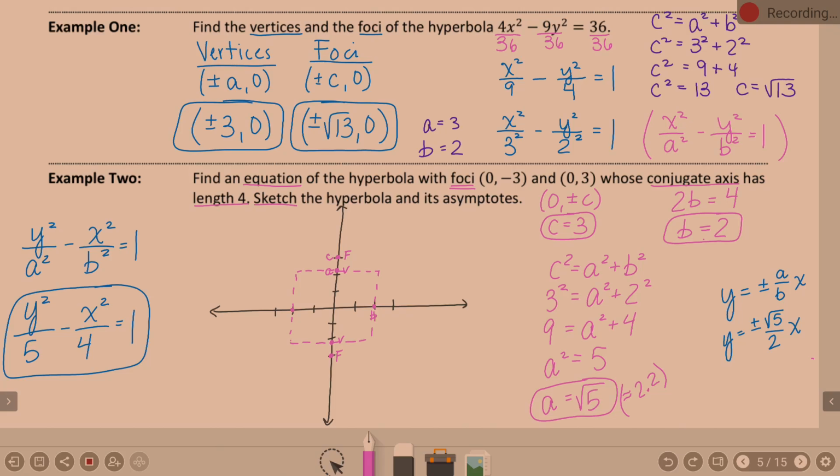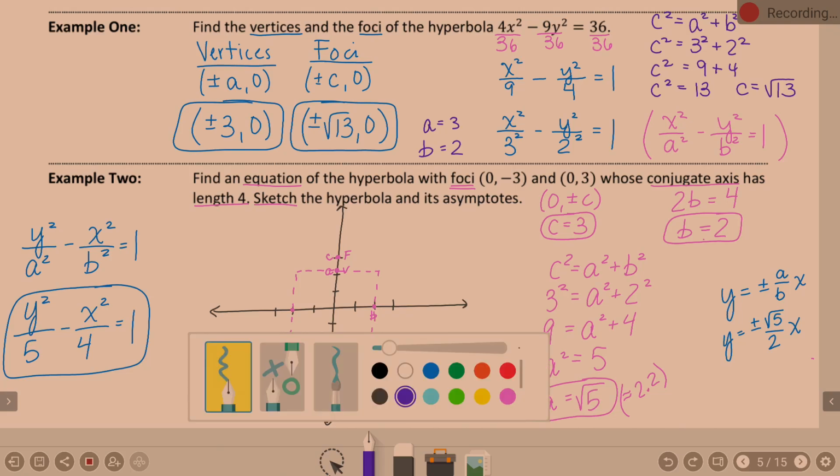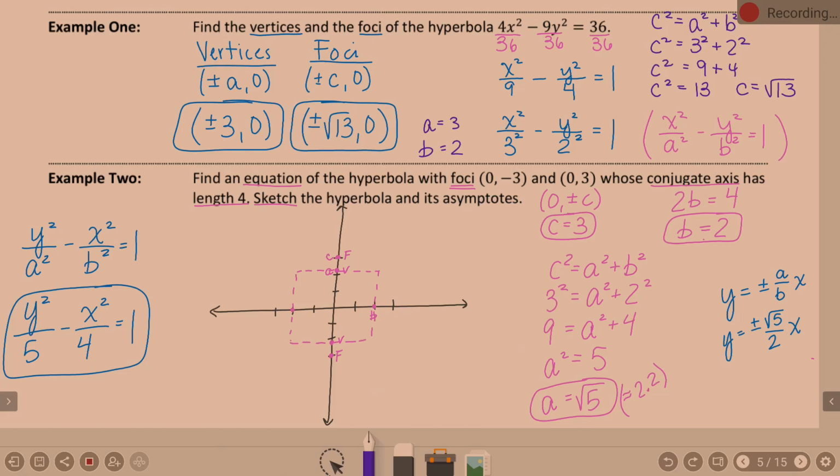That box really doesn't do anything other than set up my asymptotes. My asymptotes go diagonally through the corners, and they have to go through the center. Where's my center? (0, 0). So I'm going to have an asymptote that goes through the center and through each diagonal corner of the box. I tend to start from the center and draw each direction. That's the whole point of the box, just to get me to my appropriate asymptotes.